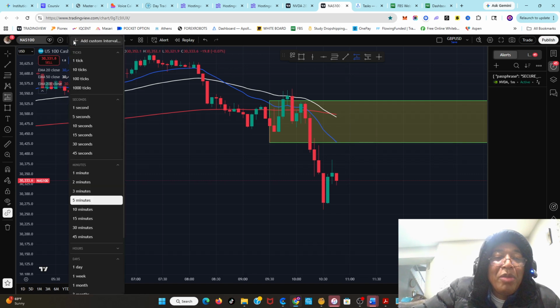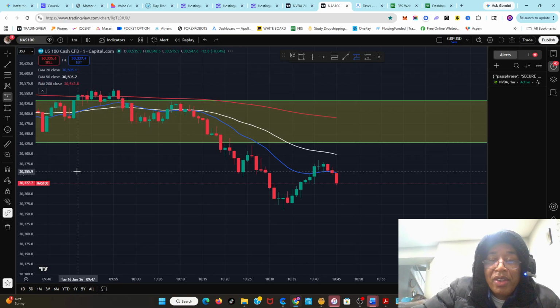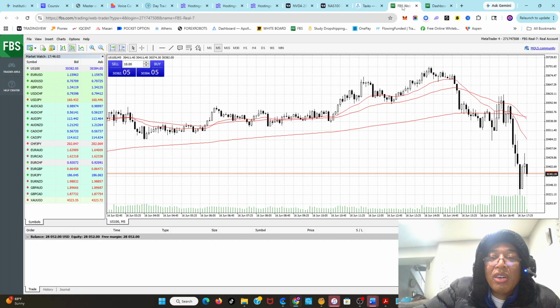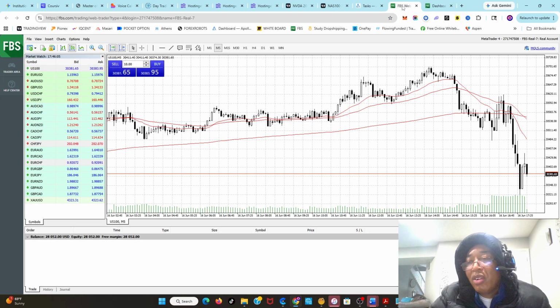If you go to the 1 minutes, you can see what's happening. Yes, this is what happened. It broke out there, and now it's going to the downside, even stronger to the downside.